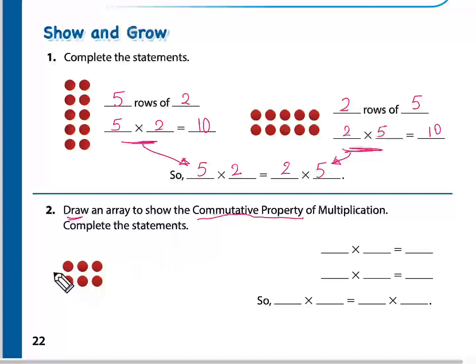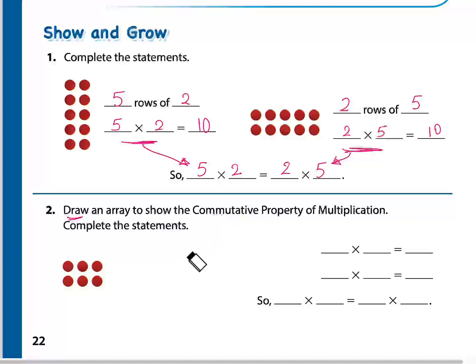Okay, so here we have 2 rows of. Okay, can you turn it? So how many rows? Excellent.